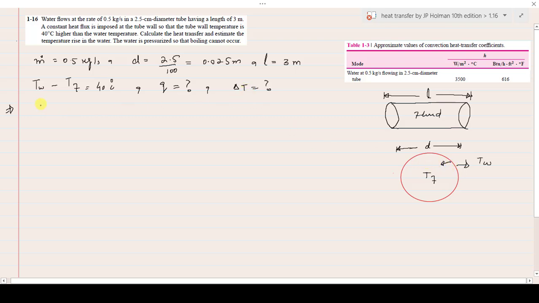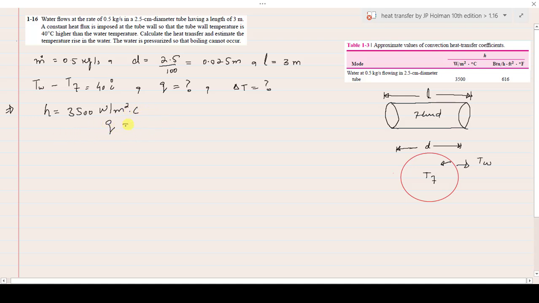So for convection heat transfer, we need the convection heat transfer coefficient h, and that we can find from Table 1.3. The type of the case, that is water flowing 0.5 kg per second in a 2.5 centimeter diameter tube, and this is the case. Then take the heat transfer coefficient 3500 watt per meter square centigrade.